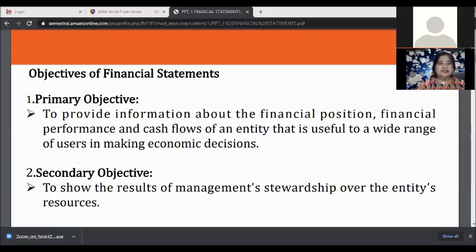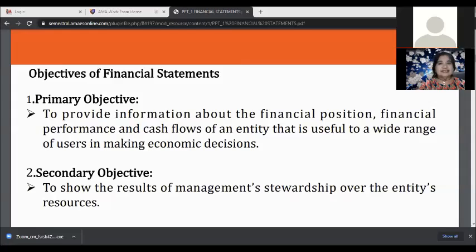Secondary objective, to show the results of management stewardship over the entity's resources. This is another purpose of having our financial statements, because this is indicative of how the management is going on. Do they manage the control of your assets, liabilities, and equity in the course of the business operation within an accounting period, for example?